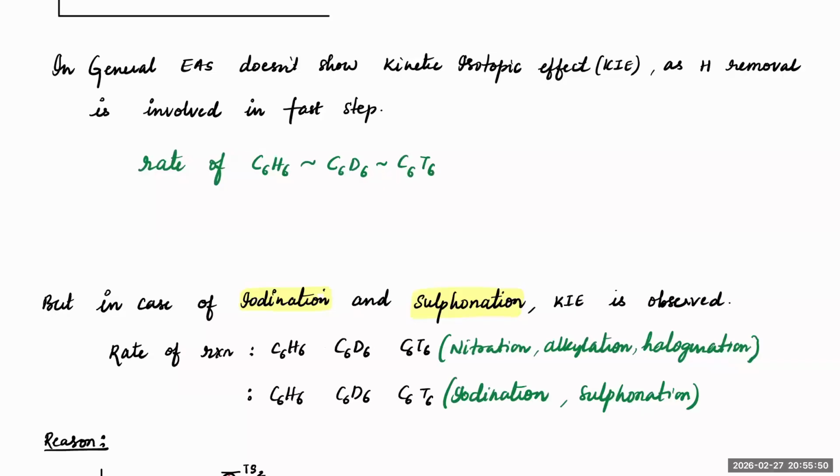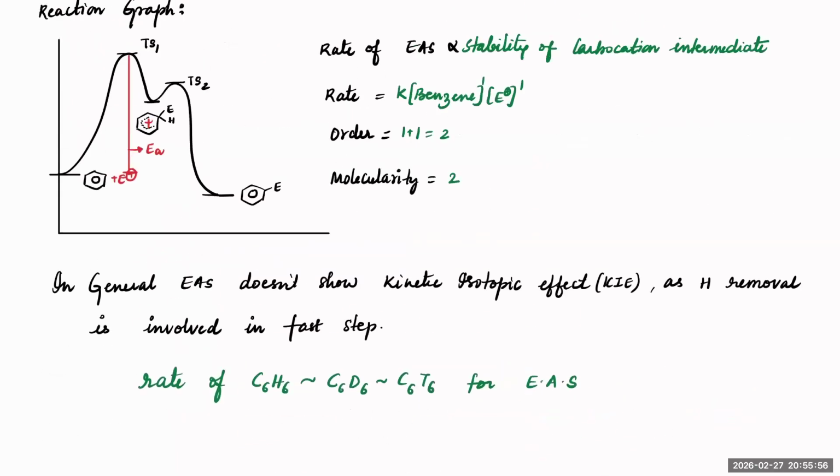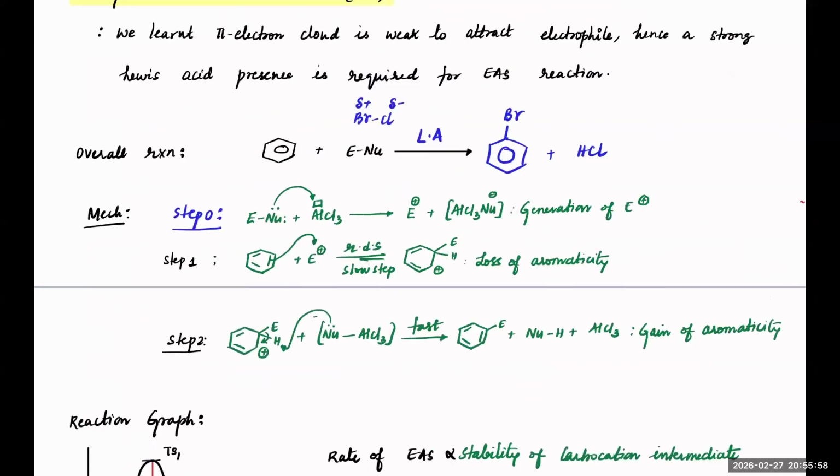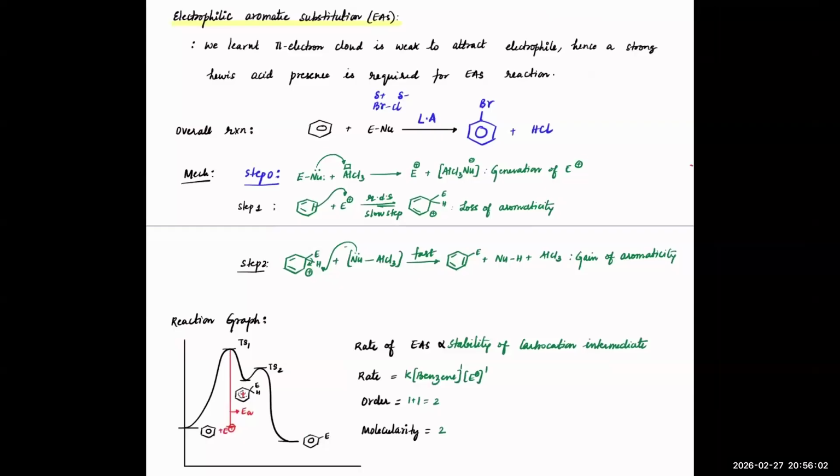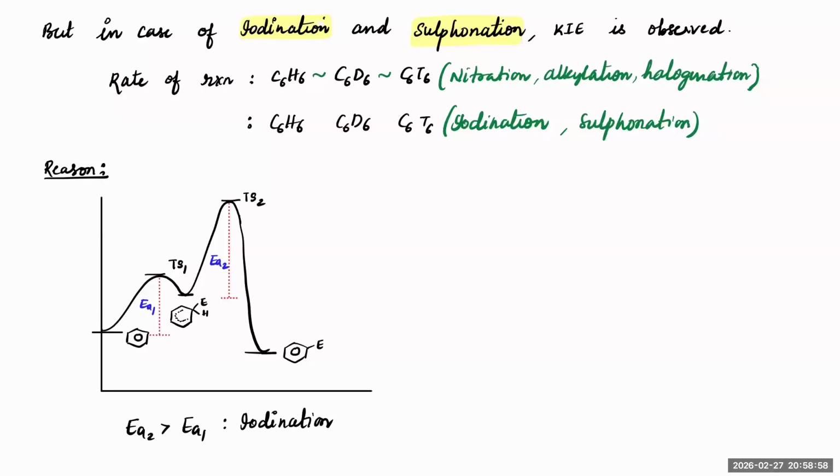Okay. Clear? So all three will be the same for electrophilic aromatic substitution. Clear? So please go through it once quickly. Check out EAS, everybody. I'll give it a minute's time, then we'll go ahead. Right.